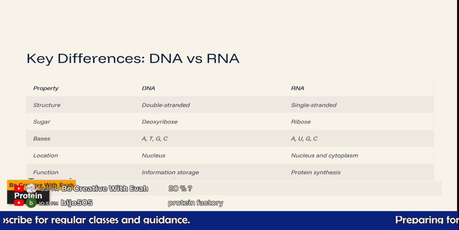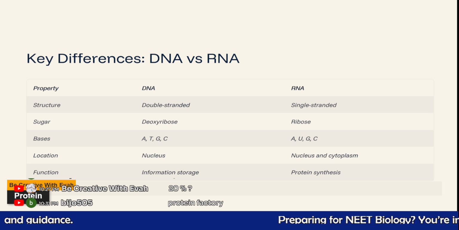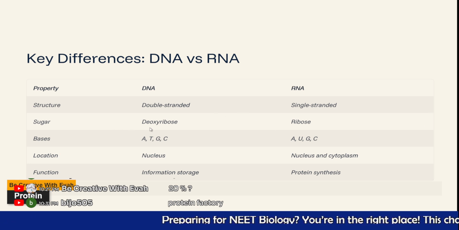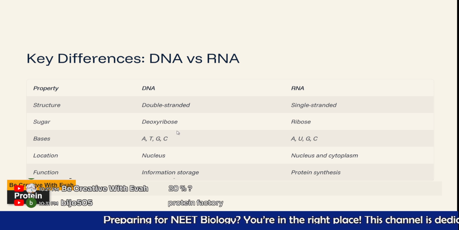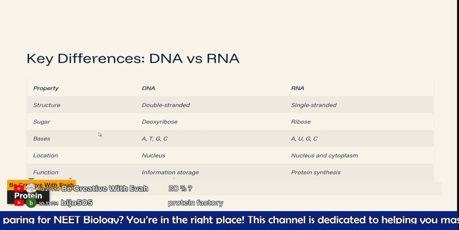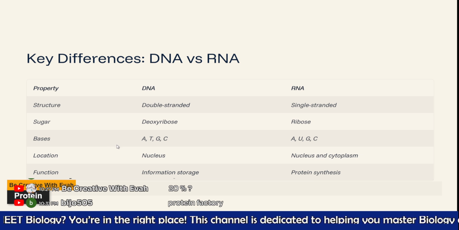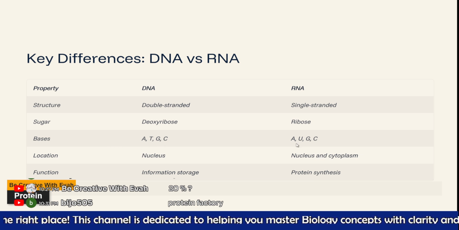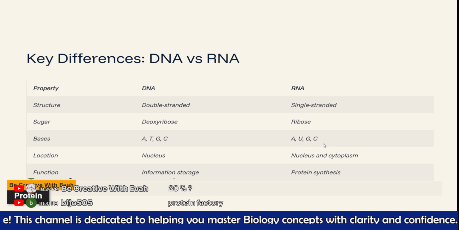Once again, we'll compare the two nucleic acids, DNA and RNA. DNA is double-stranded, RNA is single-stranded. The sugar present is deoxyribose in the case of DNA, and only ribose in RNA. Then the bases. In DNA the bases are adenine, thymine, guanine, cytosine. Here they are adenine, uracil, guanine, and cytosine.